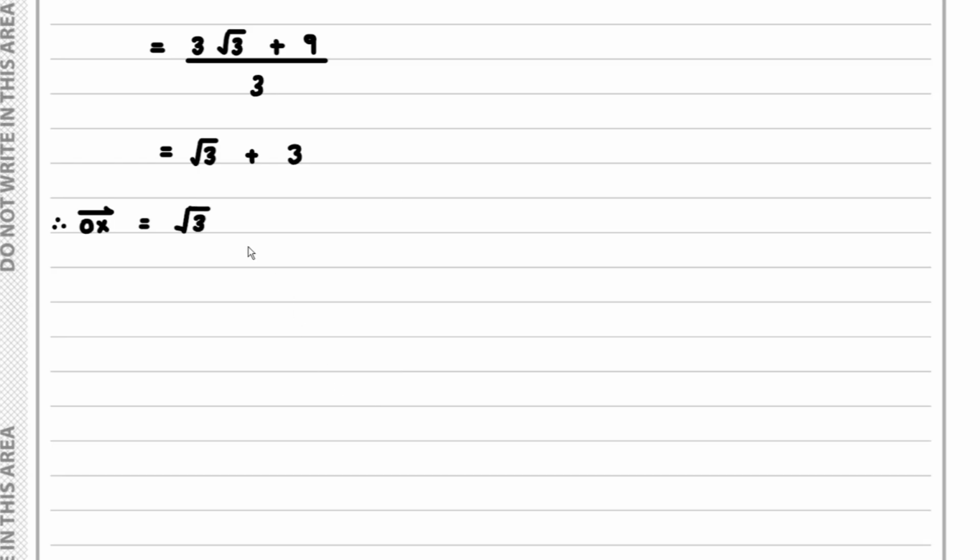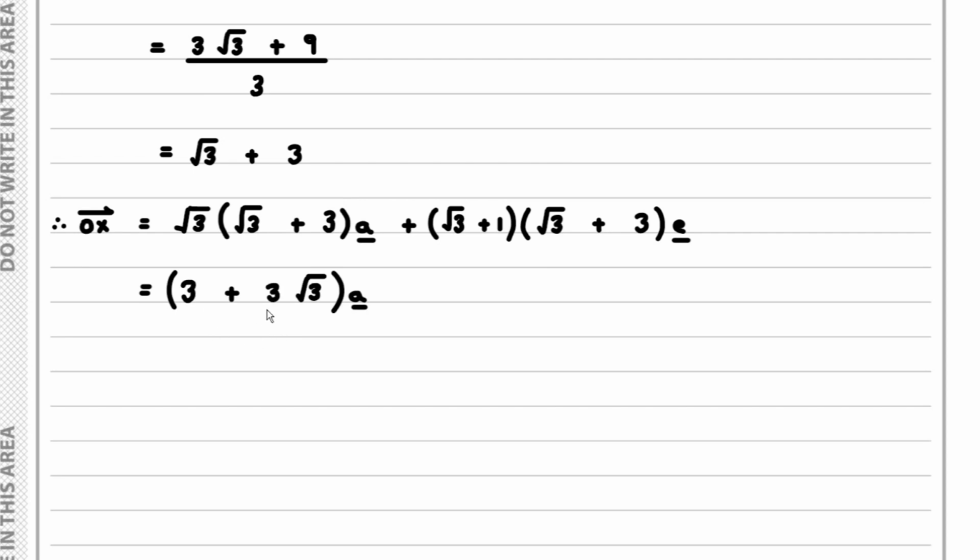So I've got OX, which is equal to root 3 times by root 3 plus 3 a plus root 3 plus 1 multiplied by root 3 plus 3 e. So if I simplify for the a's, I've got 3 plus 3 root 3a, and if I simplify for the e's, I've got 4 root 3 plus 6e, and that's what OX is.